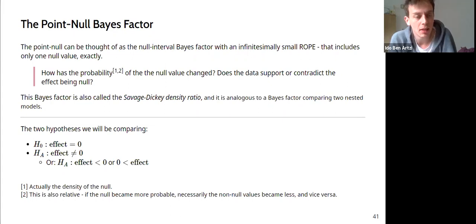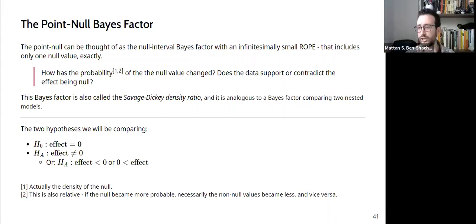Can you please explain again what's the difference between the HDI credible interval and the equal-tailed one? Yeah, so I'll start with the equal tail one because that's the easier one to explain. The equal tail one says I'm just going to cut off equal probabilities of my different tails. So I'm going to cut off, let's say, 5% of the highest values and 5% of the lowest values, and I'm left with a 90% equal tail credible interval.